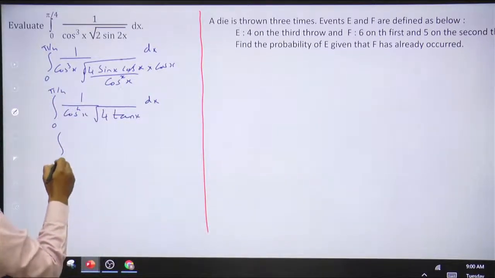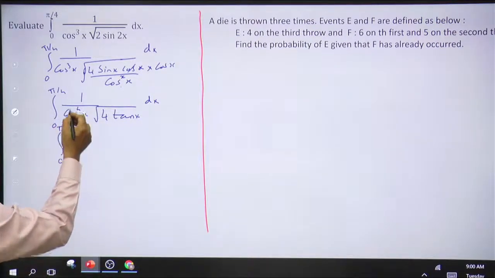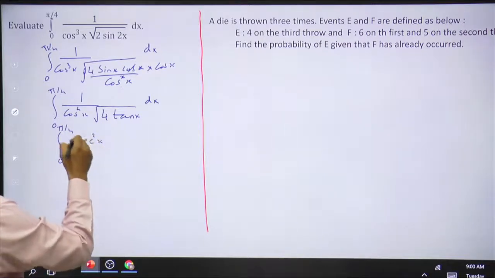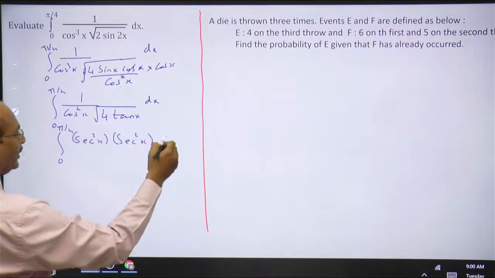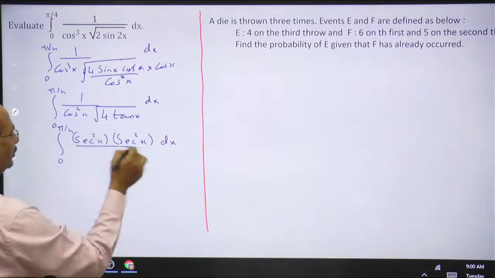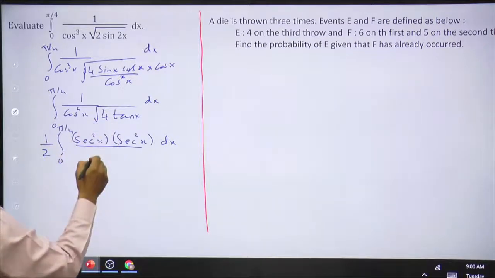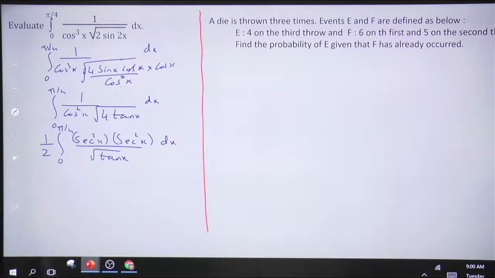So this will be 0 to pi by 4. This 1 upon cos, this you can write as sec square x dx upon this, you can write 1 upon 2 outside, and this is root of tan x. My job is over.